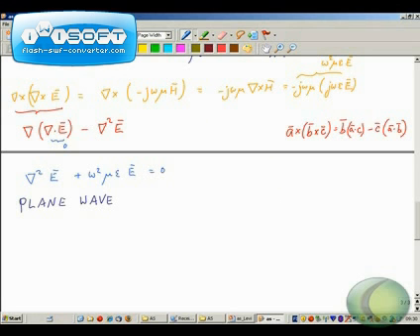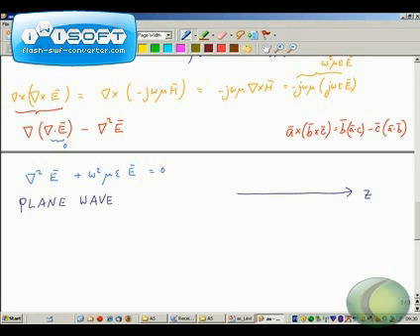There is a plane in which the field is independent of variation. There is no variation. So it means that there is only one direction, say, z direction, where there is variation. So in x and y it is uniform.